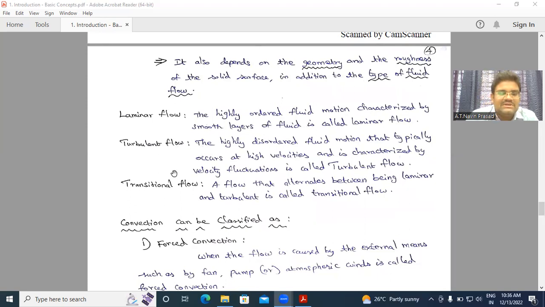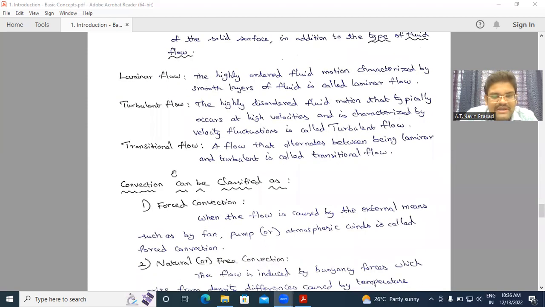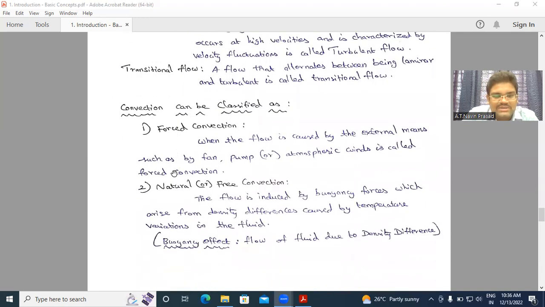So convection heat transfer can be classified into two types: forced convection and natural or free convection. Forced convection is caused by external means such as a fan, pump, or atmospheric winds.